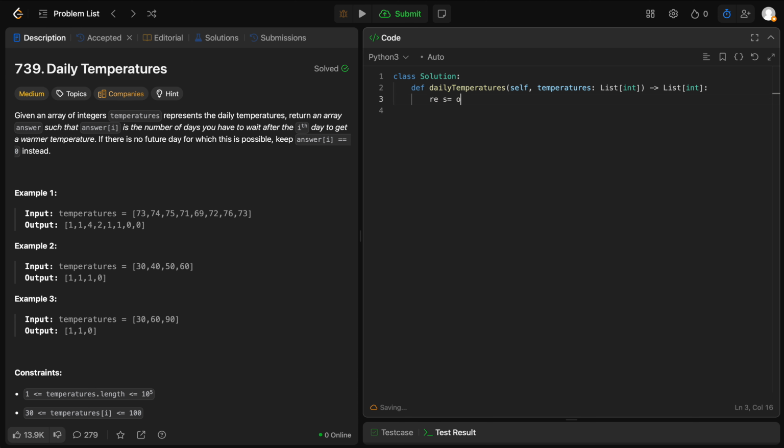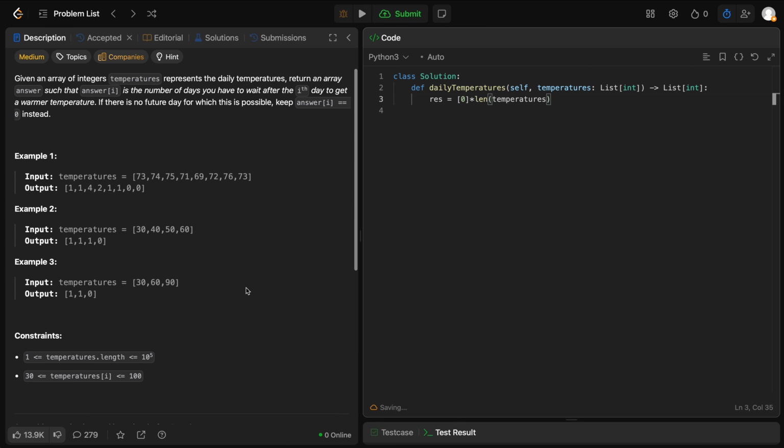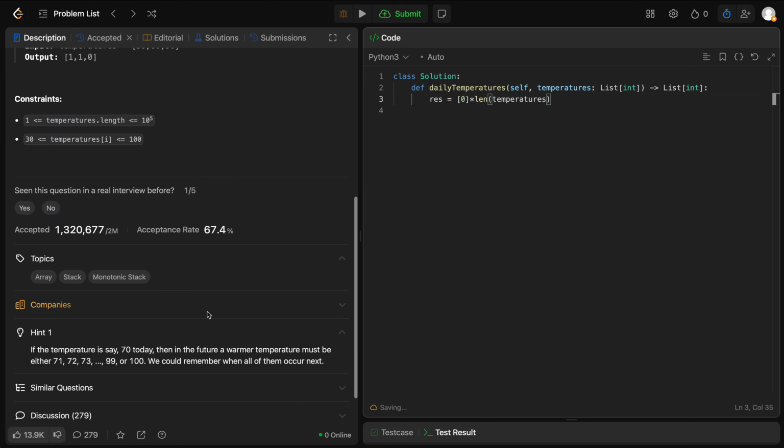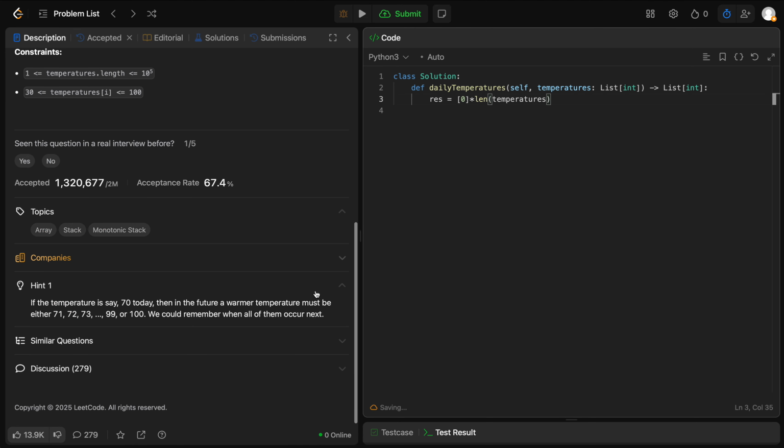So res is equal to 0 times the length of temperatures. Maybe we could also do some dynamic programming, but this is a hint.